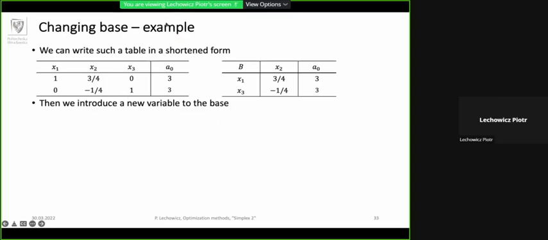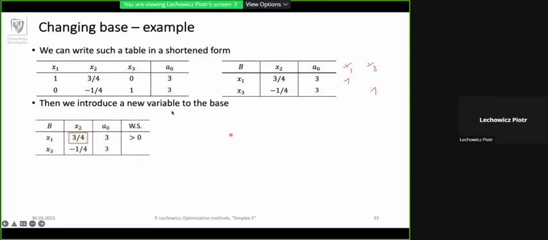So it's the same as if we write here x1, x3. Here x1 is 1 and here x3 is 3, right? So this is exactly the same. And to introduce a new variable to the base, we make a pivot on one of the columns of the three variables, for the row for which we have a positive coefficient.